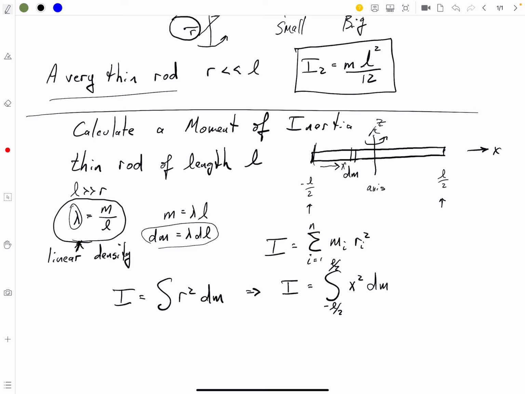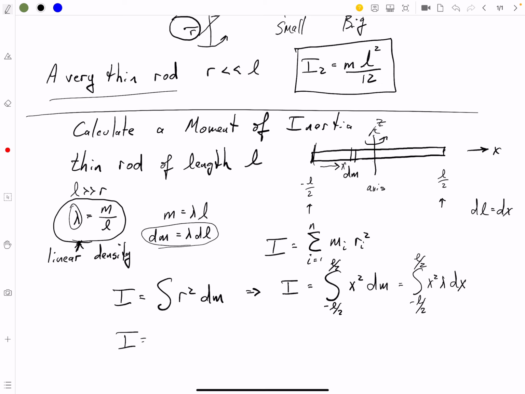dm equals lambda dl, and then, of course, dl equals dx, because they're equivalent. So I have to write down now, from minus L over 2 to L over 2, x squared, lambda in there, and then our dx. Okay? Everything's so good.